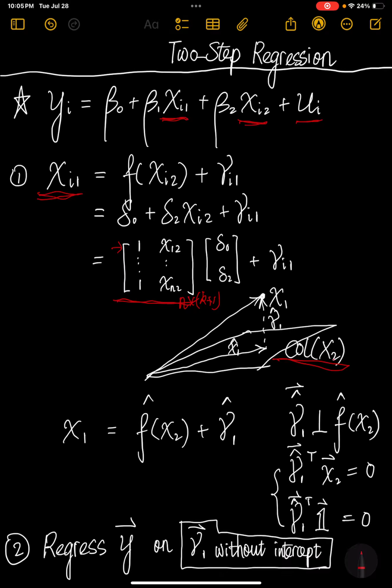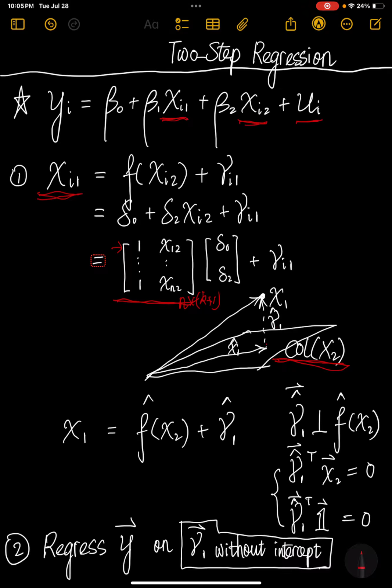Then what you need to do is find the projection within this column space that is closest to the data that you would like to model.